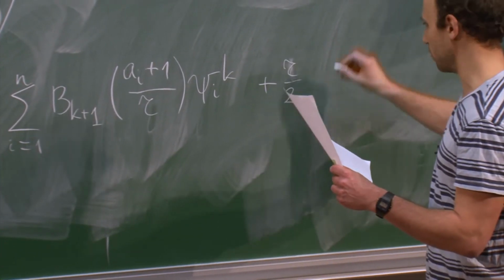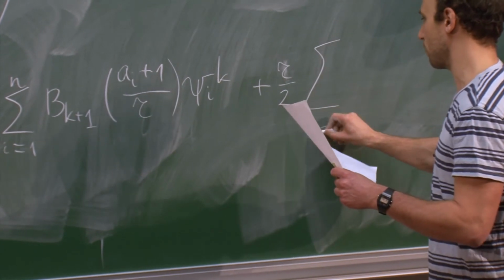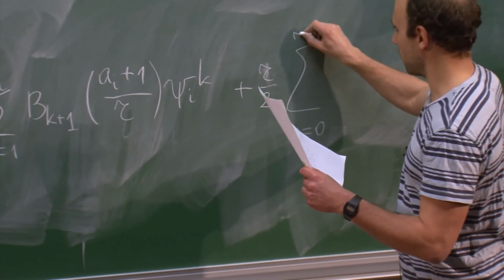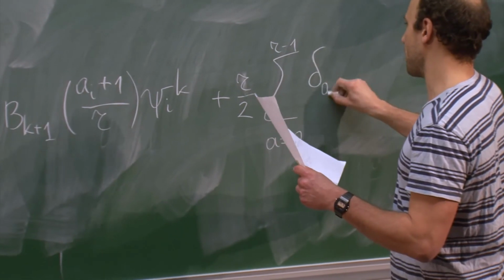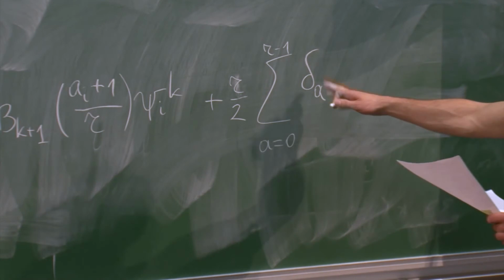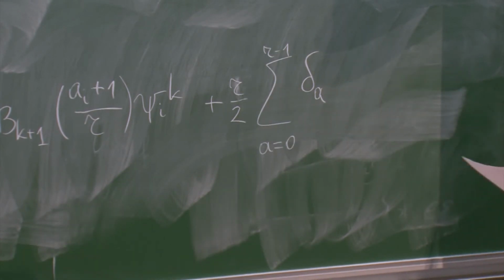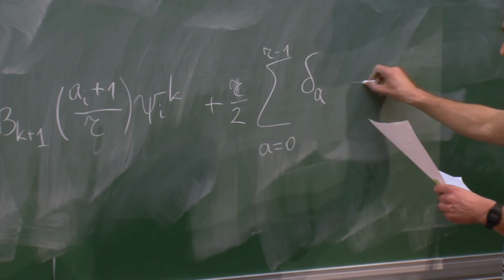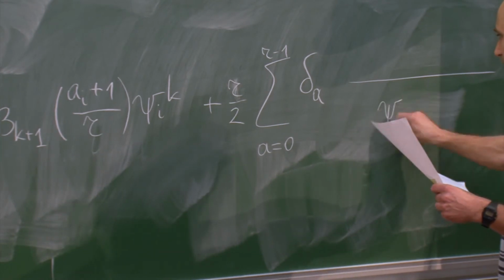Okay, let me write it down, but maybe it's not so important. Sum from a from 0 to r minus 1, delta_a. There are actually different types of boundary divisors in the space of R-spin structures that are indexed by remainders modulo r. I think it is not so important now.